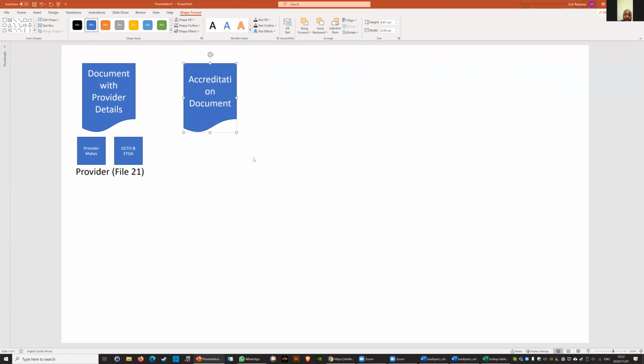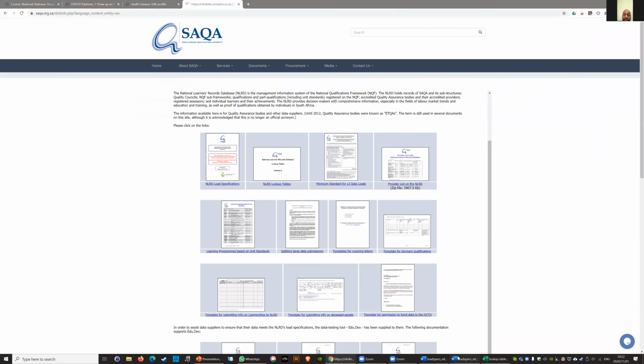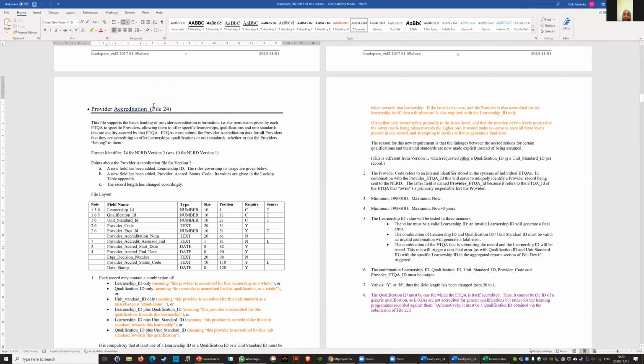But who makes the accreditation document? It may be the ETQA or the particular CETA. So the CETA creates that document, which the training provider must then have. Okay, so that's what file 24 would be.